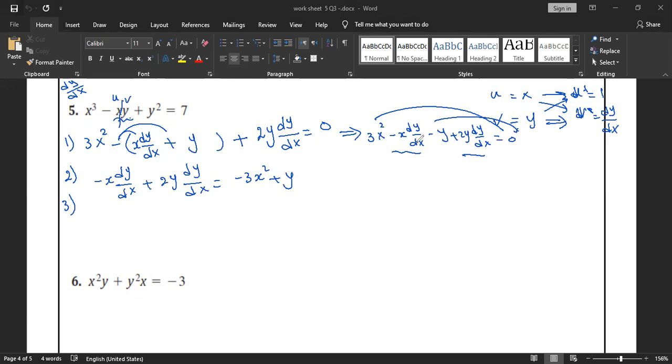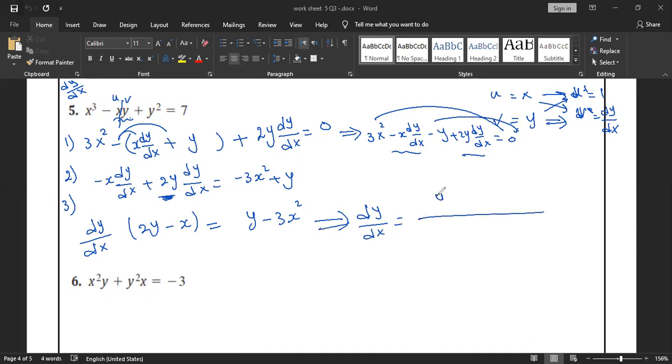Negative 3x squared, opposite sign, negative 3x squared plus y. Take dy by dx as a common factor, or factorize for dy by dx. I prefer to begin with the positive, so 2y minus x equals y minus 3x squared. Okay. Now, to solve for dy by dx, it will be y minus 3x squared over 2y minus x. That is the derivative of the given implicit function.